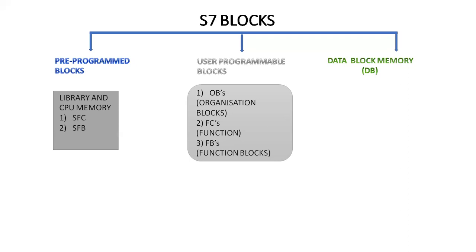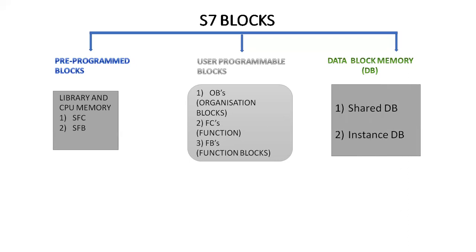Next block is the data block. These are memory blocks for storing data, just like we use bit memory for storing temporary values. DB memory is additional memory, but DB is by default a retentive memory.